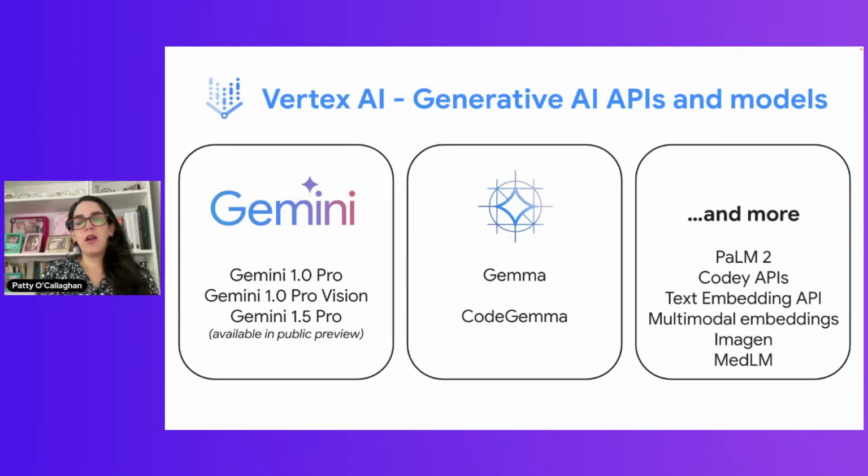For example, the Codey APIs help to generate code. The text embedding model allows you to generate vector embeddings for input text. We have a bunch of multimodal models. Imagen is the text-to-image foundation model. MedLM is very domain specific, fine-tuned for the healthcare industry. And there's a bunch more.